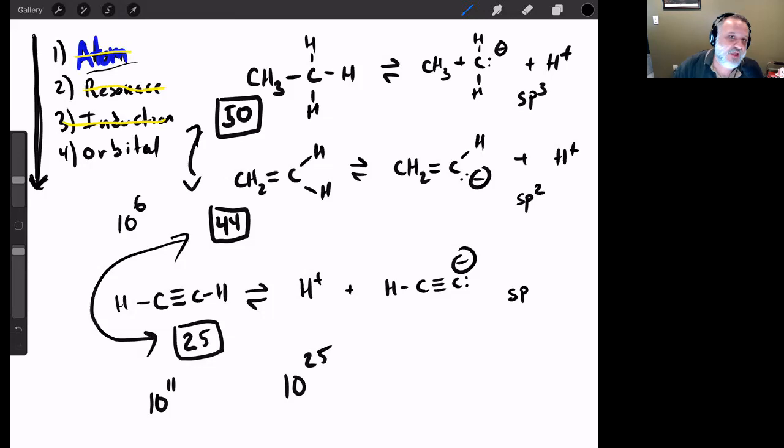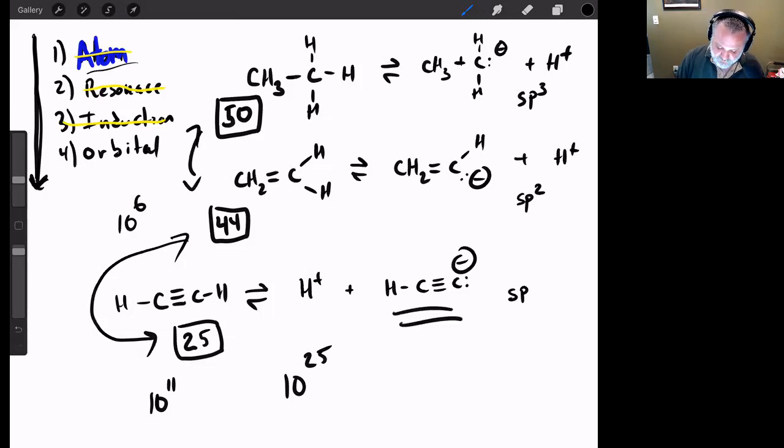Now, the pKa is 25, right? So compared to water, it's not really a strong acid. But with the pKa being as low as it is, 25, it does end up having some acidic properties. And there are bases that are strong enough to deprotonate that molecule and actually form the alkanide ion.